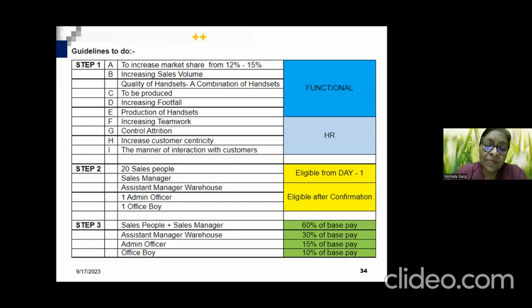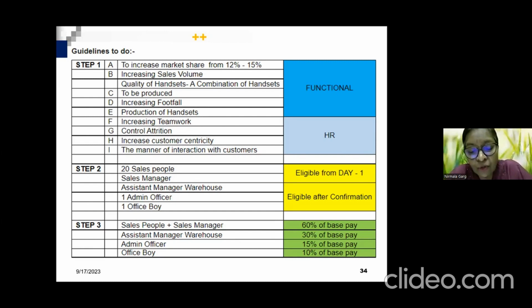Then they lack customer centricity. They're not very customer sensitive, customer focused. So you need to increase customer sensitivity and the way they interact with customers. So this is a little background about a retail store selling a combination of handsets. Now there are certain HR challenges here. There is also a functional challenge here.